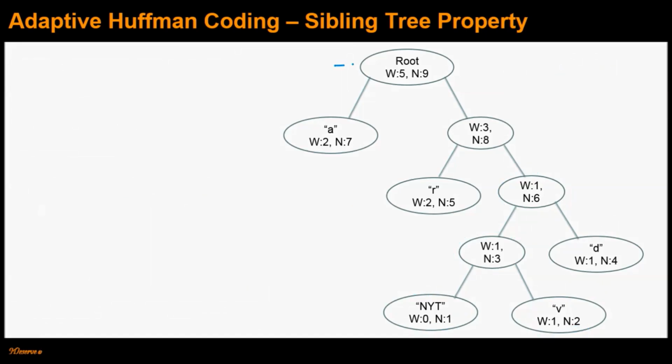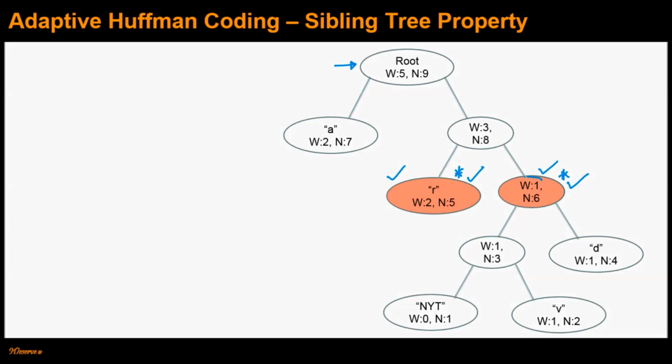Now if you observe this particular tree, specifically this node and this node, note that the node number for this node is 6 and the node number for this node is 5. So ideally the weight for this node should be higher than this node. That is not the case.